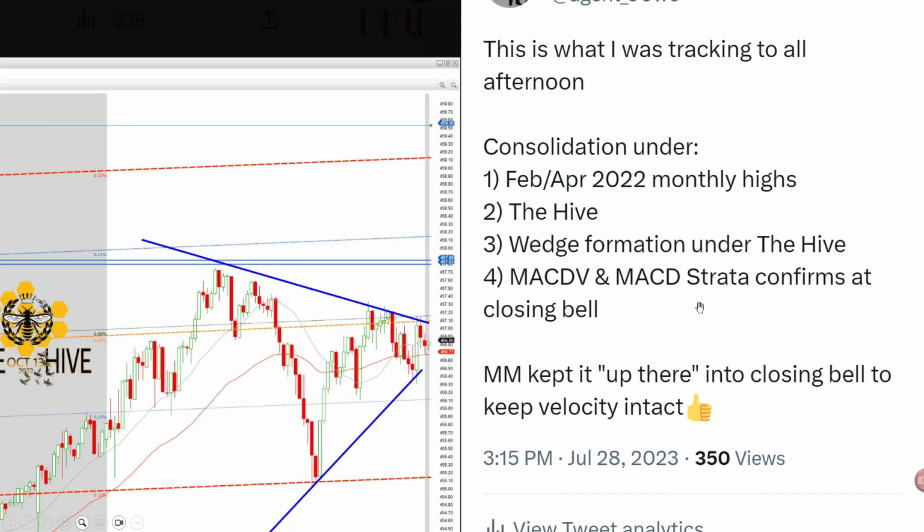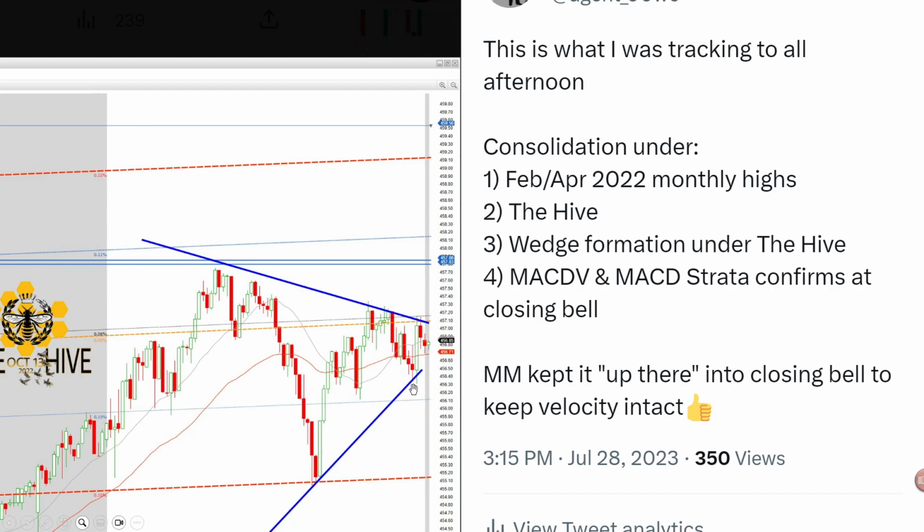MACD-V and MACD Strata confirm at closing bell. That is a good point right here. Point number 4. Literally 10 seconds to go until closing bell. I think I forgot to include that slide. In fact, I did. I'll just describe it.